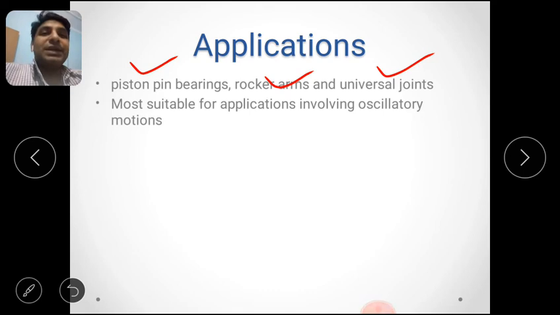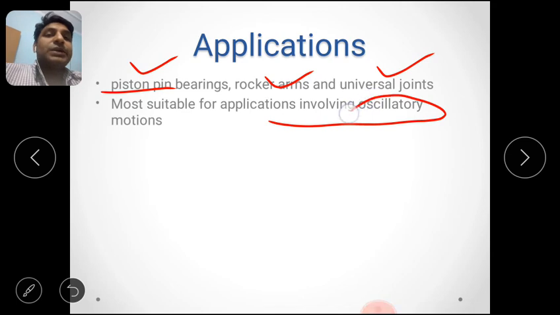You can easily understand with the piston pin. A piston pin is generally subjected to oscillatory motion and intermittent loading. So it is very suitable where oscillatory motion is involved. In this way you can understand the application of needle bearing in a very quick way.